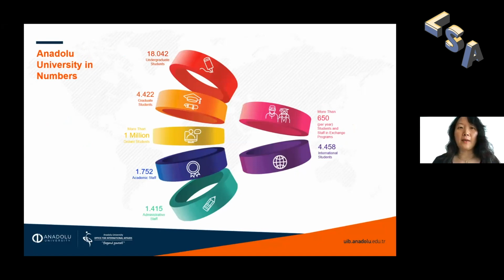Here are some facts and numbers about Anadolu. These numbers keep changing. Just for this year, we have about 18,000 undergraduates, more than 4,000 graduate students, 1 million distance students, 1,700 academic staff and 1,400 administrative staff, and more than 650 students and staff in exchange programs. Maybe you might ask, why, during the pandemic, do we still have so many students and staff?